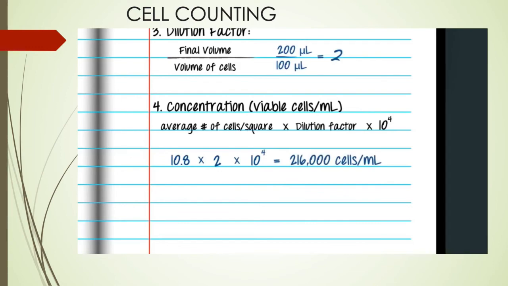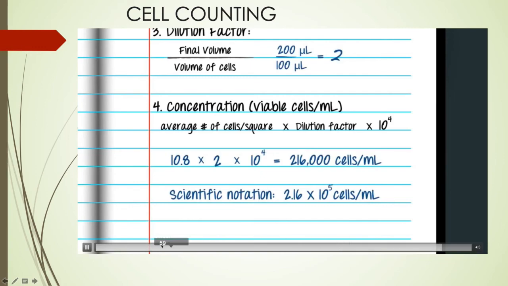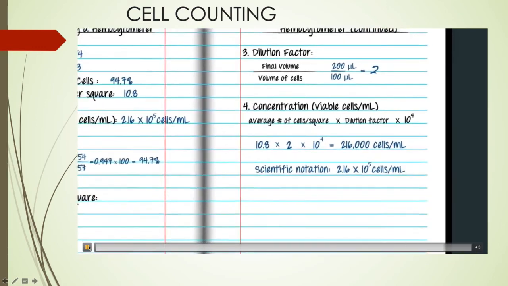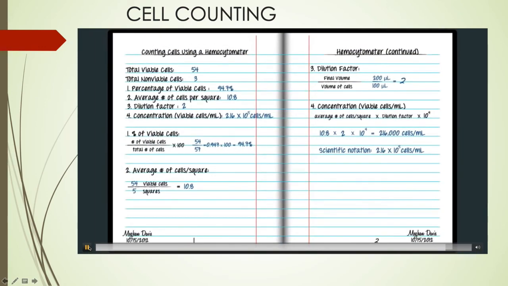We can write the concentration using scientific notation as 2.16 times 10 to the fifth power cells per milliliter. From our calculations, we now know the concentration of cells in our culture is 216,000 cells per milliliter, and approximately 94.7% are viable living cells.